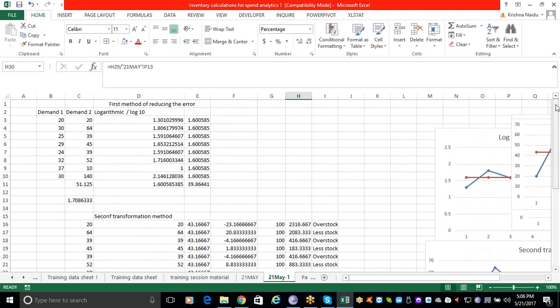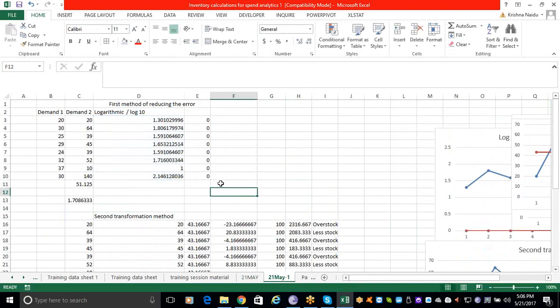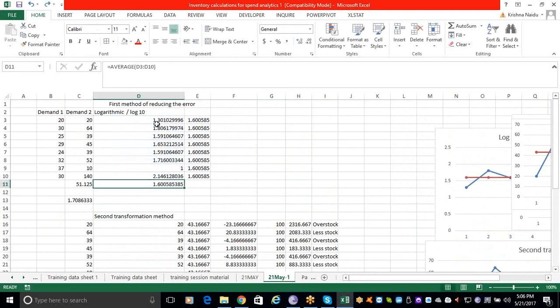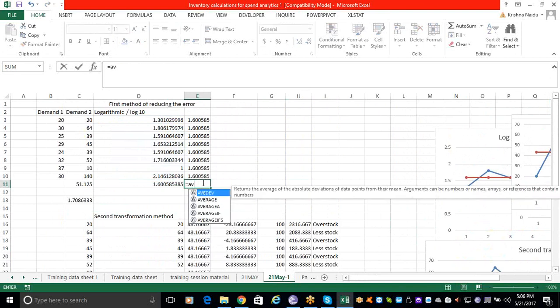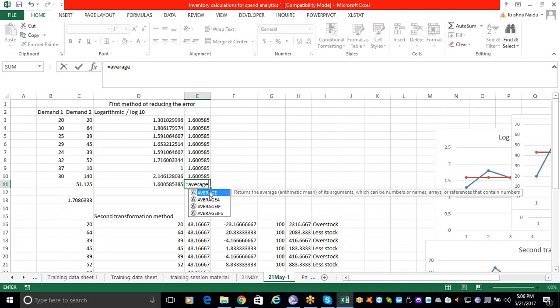Now, there's one more thing. Now we have two methods we have seen, right? Second transformation and first transformation. So in the first transformation, what we did was the logarithmics. We have to find the average of the total logarithmic value.